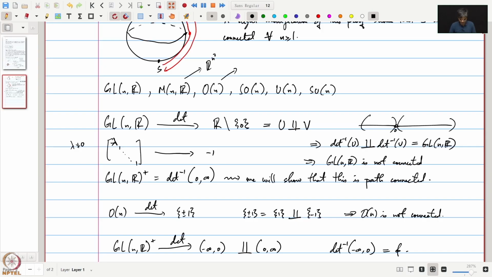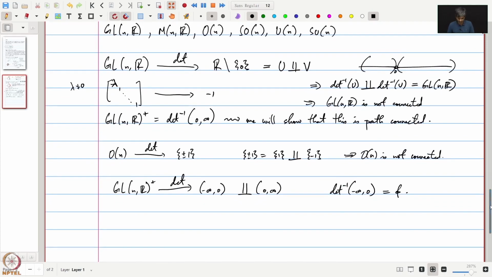What I'm trying to emphasize is that it's important to say that this map is surjective, or at least that it meets more than one connected component of the target space.